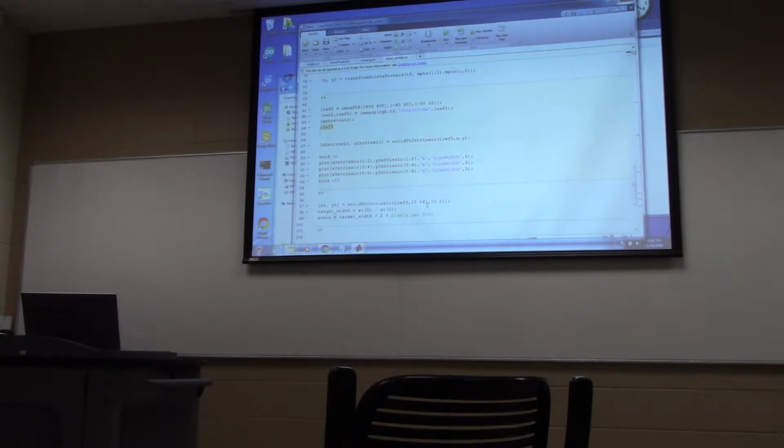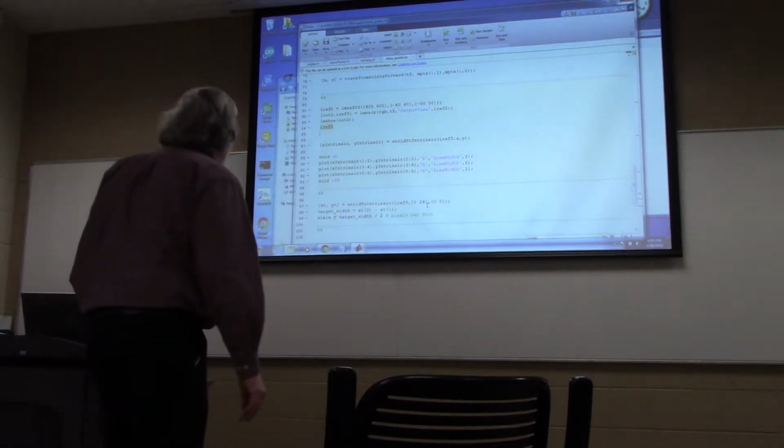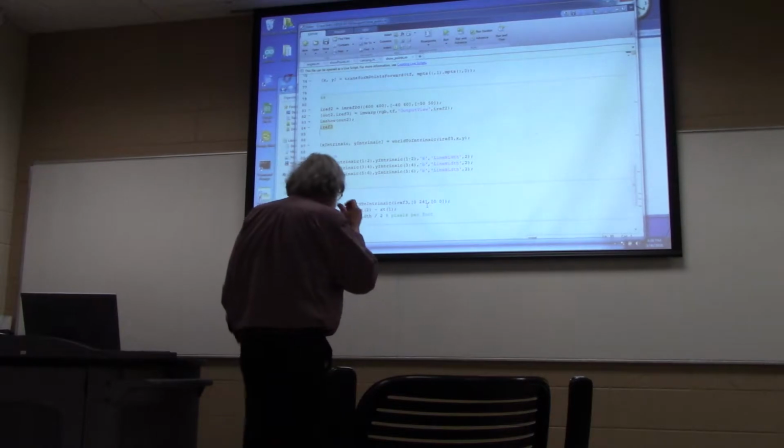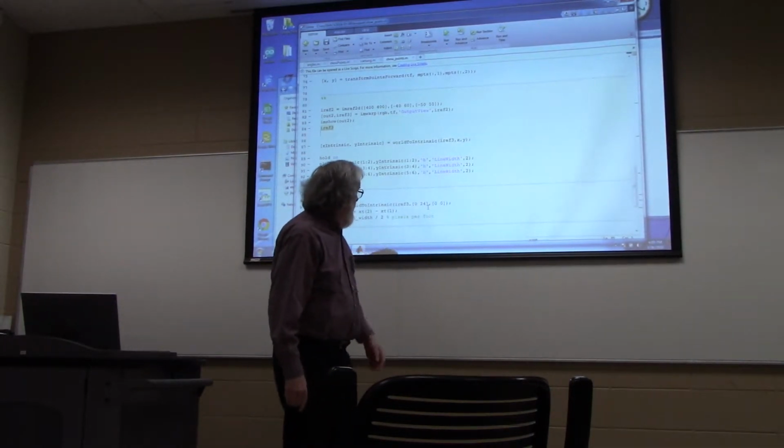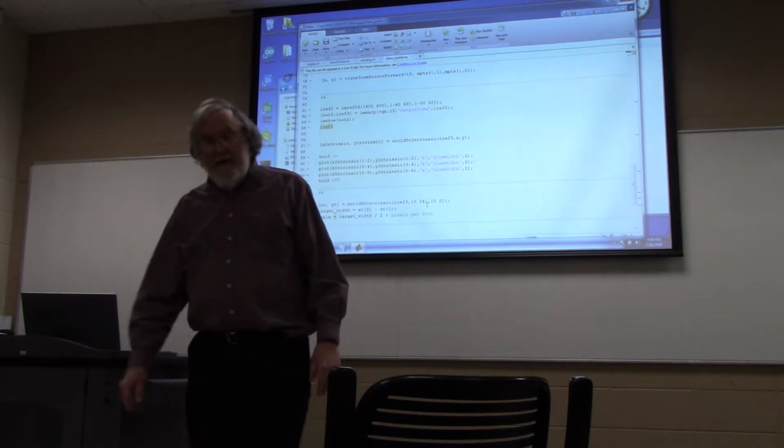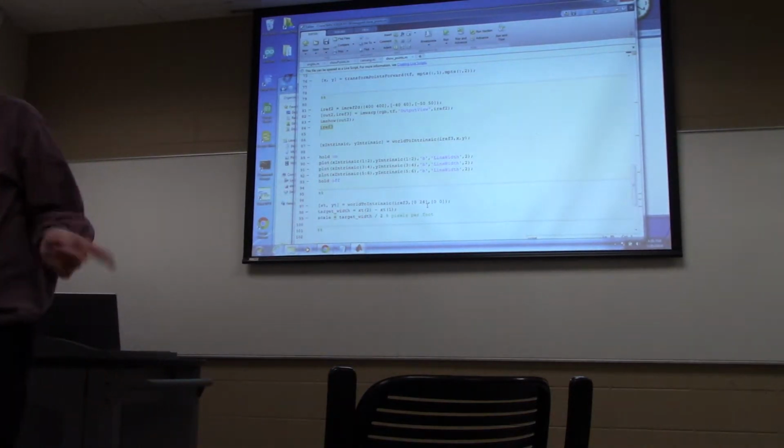We have to divide by 12 if we're going to convert to feet. So what we can do is look at the distance 0, 24.